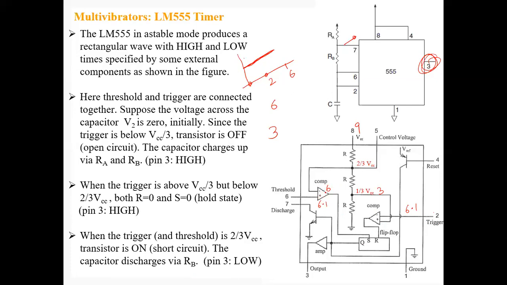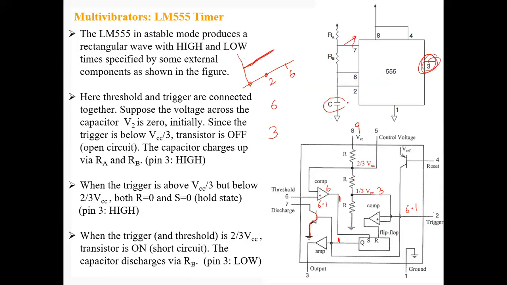So when it is slightly more than 6, then what happens? You get here 1. Okay. So this one sets, right? This is 1. When this is 1, this is closed. You understand? That's why this guy is closed.